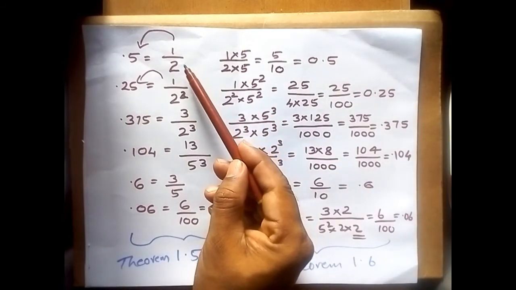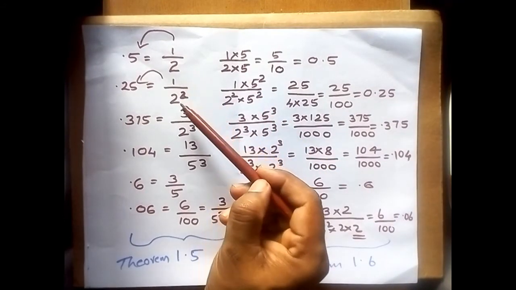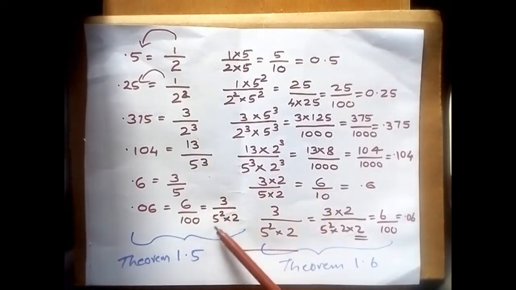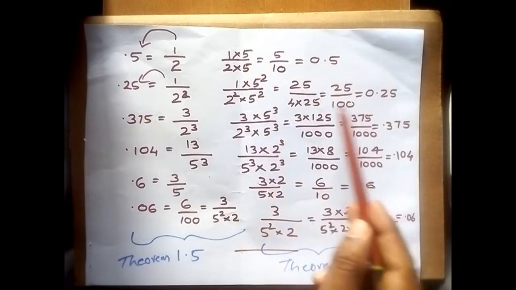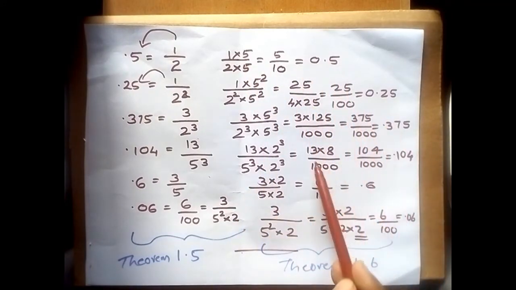If x = p by q is of the form 2 raised to m into 5 raised to n, then x has a decimal expansion which terminates. So in all these cases you can see the decimal expansion is terminating.